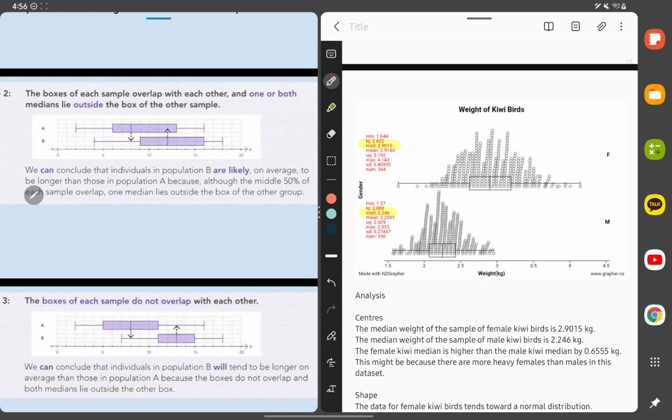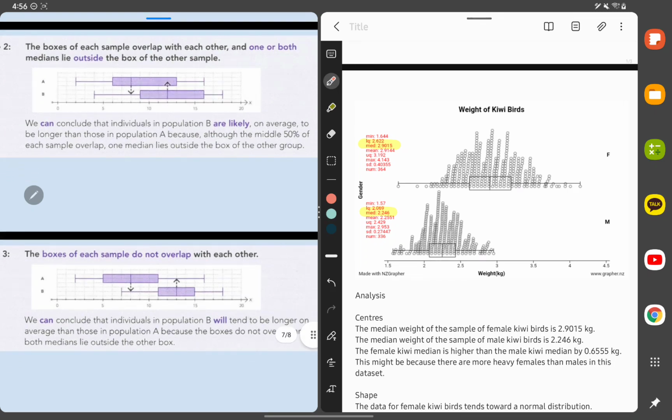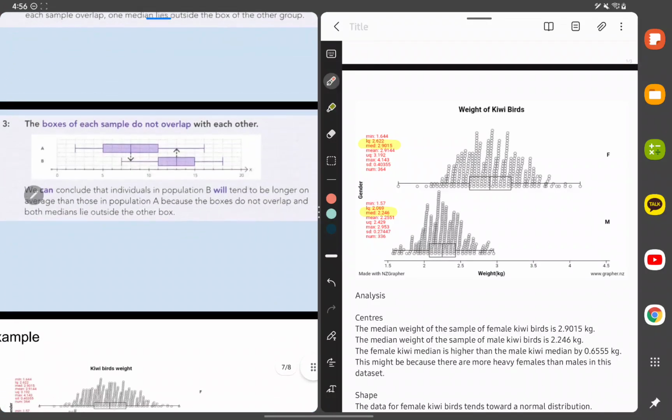So we say we can conclude that the kiwi birds in the female population are likely on average to be heavier than those in, instead of population A, the male kiwi bird population. Because although the middle 50% of each group sample overlap, one median lies outside of the box of the other group.